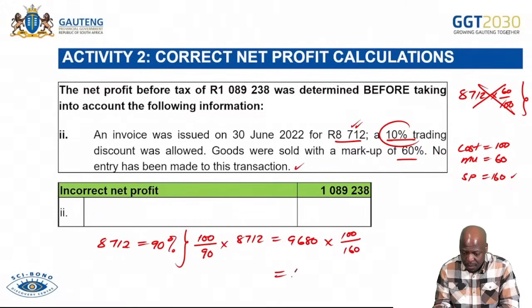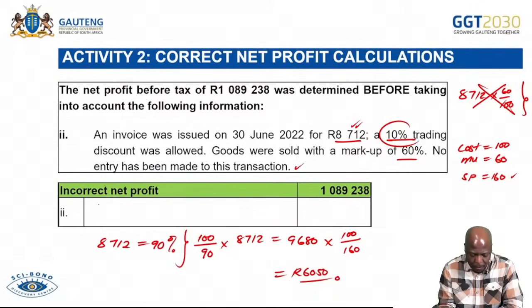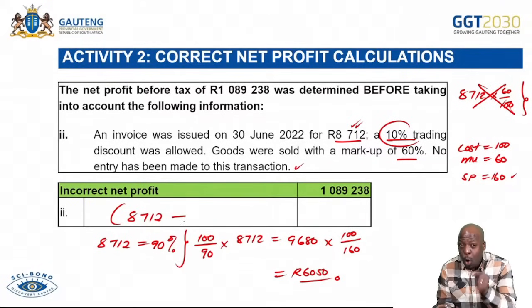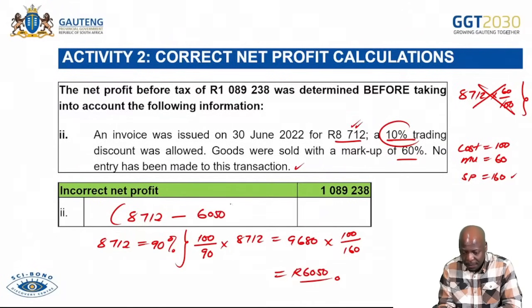And then that will give me 6,050. So I would come here then and say, if I have an invoice, that invoice was for 8,712. But the original cost of those goods is 6,050.